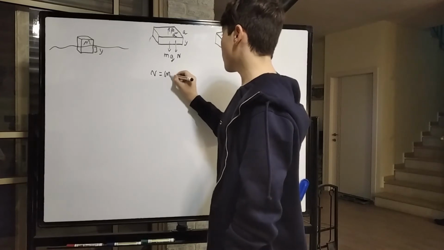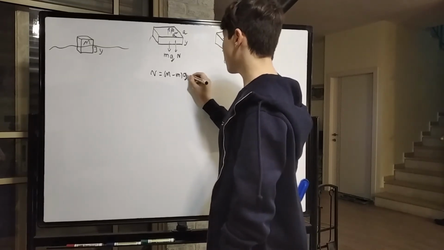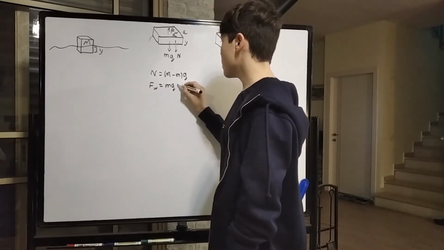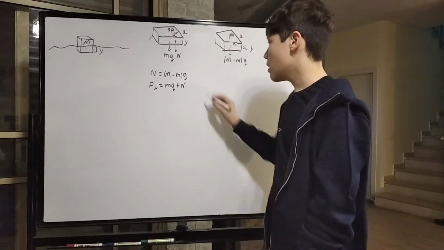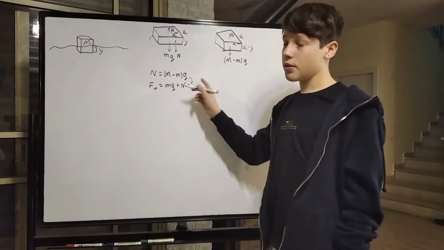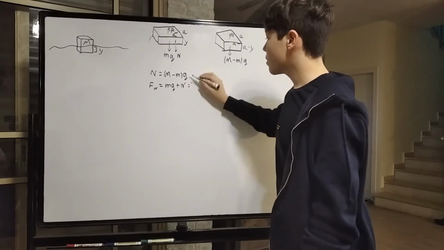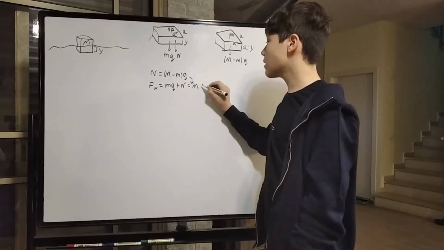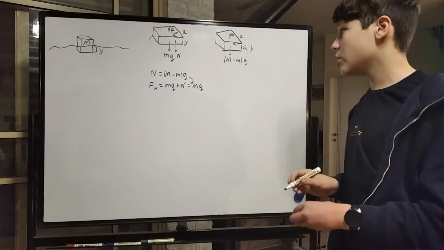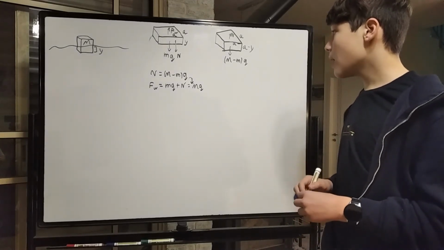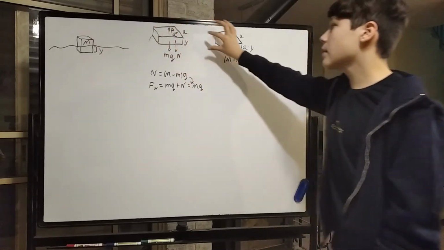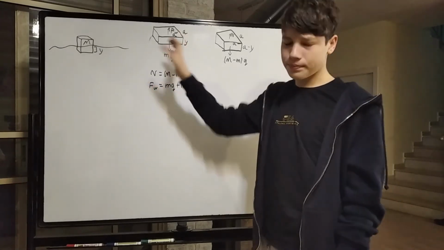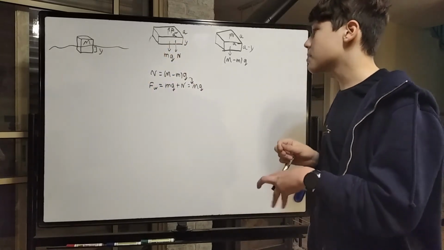N is equal to big M minus small m g, and Fw equals mg plus N. And now I can substitute the normal force into here to get that when we put m into our brackets, it cancels, and we get big M times G. And now we know the force of the water that is applied only on this box that is a part of the entire cube has to equal Mg.